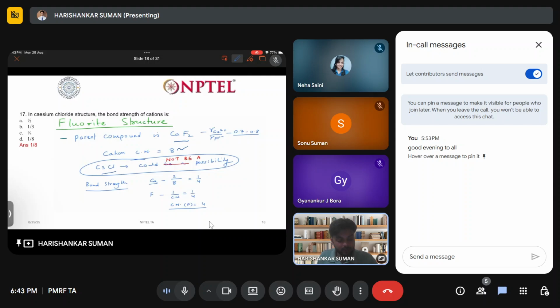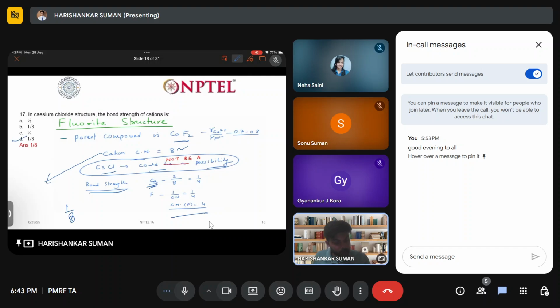So we can check like that, Cs coordination number is 8. So bond strength we can find out as 1 over the coordination number. Okay, that's why 1 by 8.